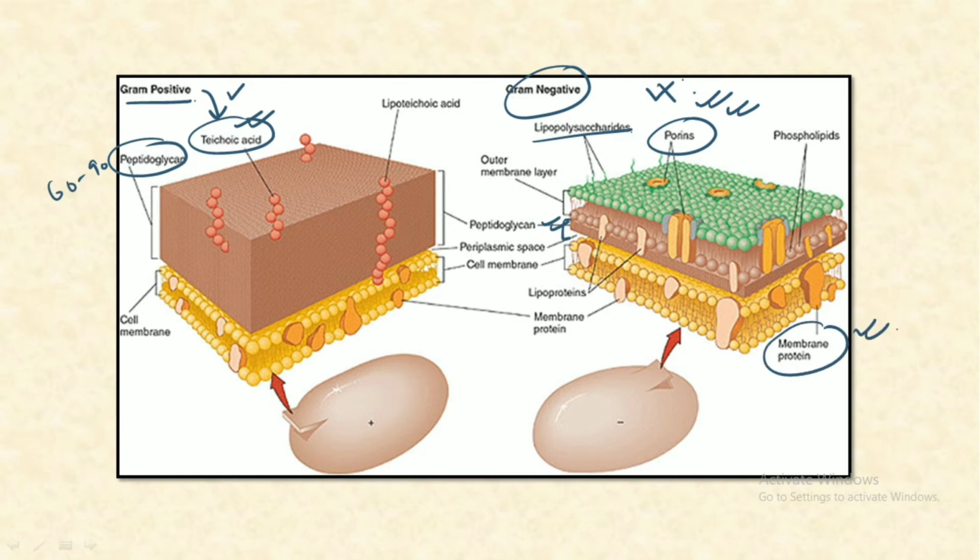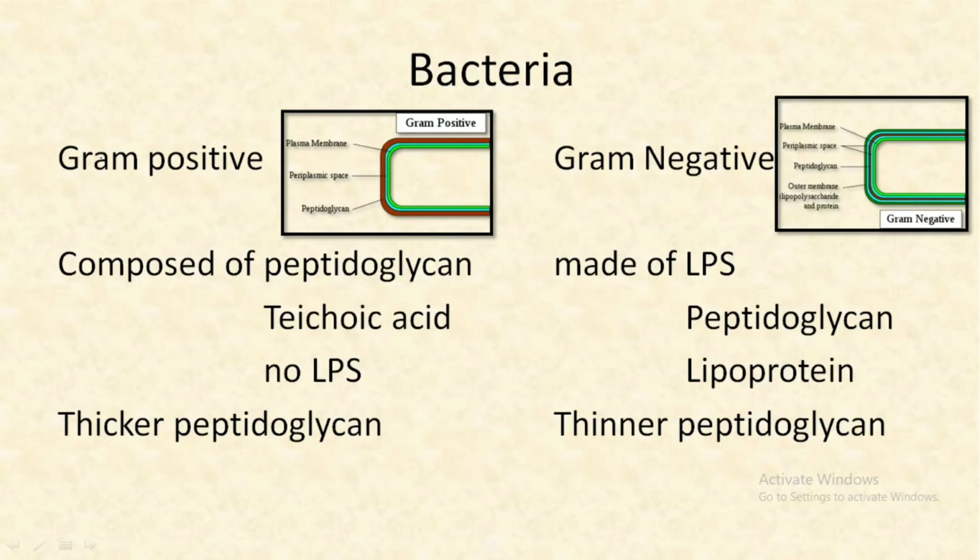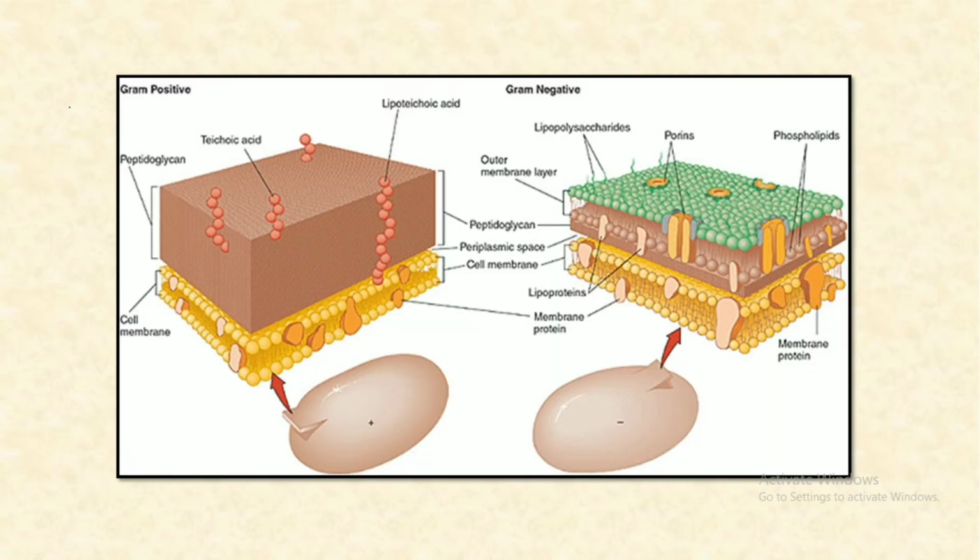But when we look at the gram positive, there is less complexity and more of peptidoglycan and simplicity. Make sure you remember the difference between the gram positive and the gram negative. We have discussed it both ways, with the help of the pointers and also with the help of the diagram. So make sure you remember them.